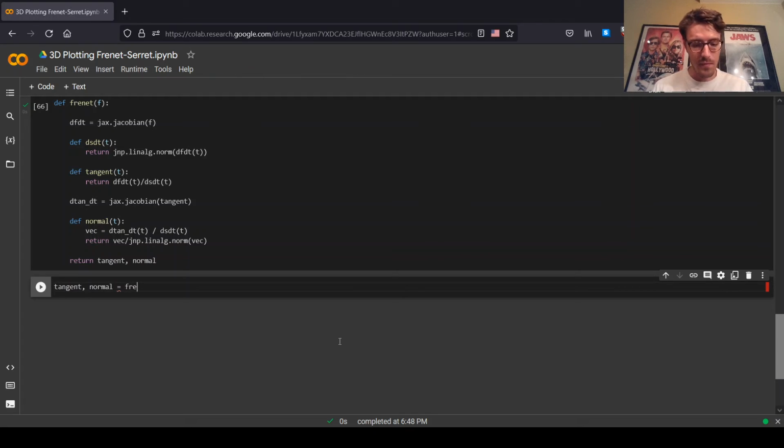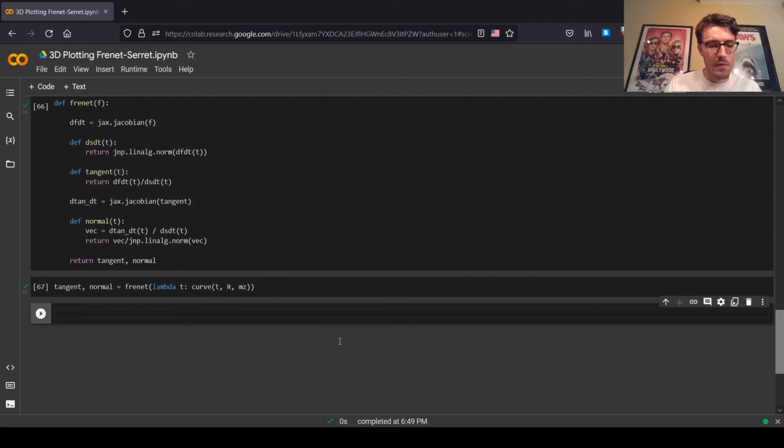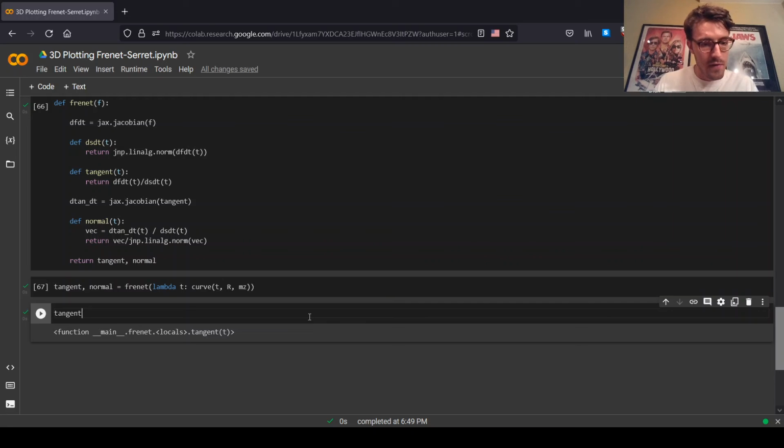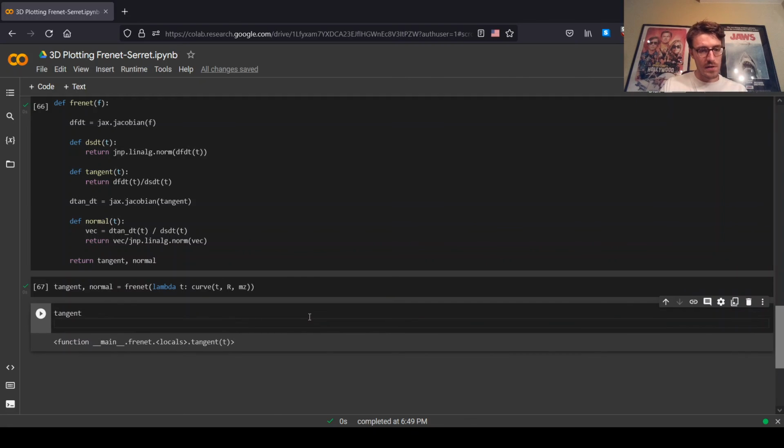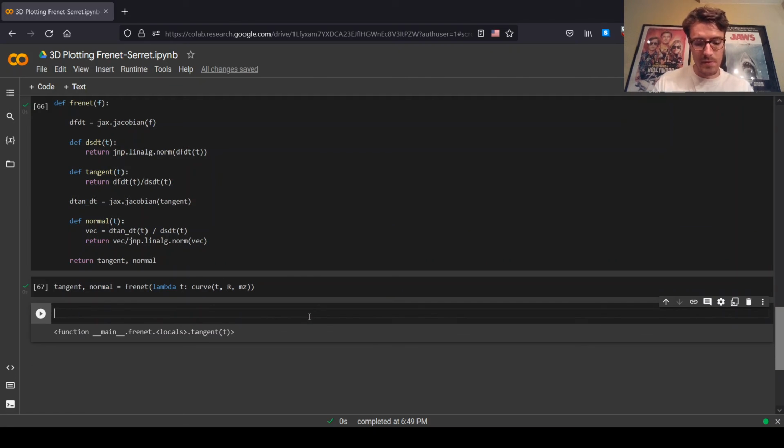So there's our f, and then we want to return our curve with respect to only t. Supply these. Okay, so those are stored in there now. If we just hit tangent, we should see our functions. Yep. So that's stored as that. Let's see, normal. Should both be good.